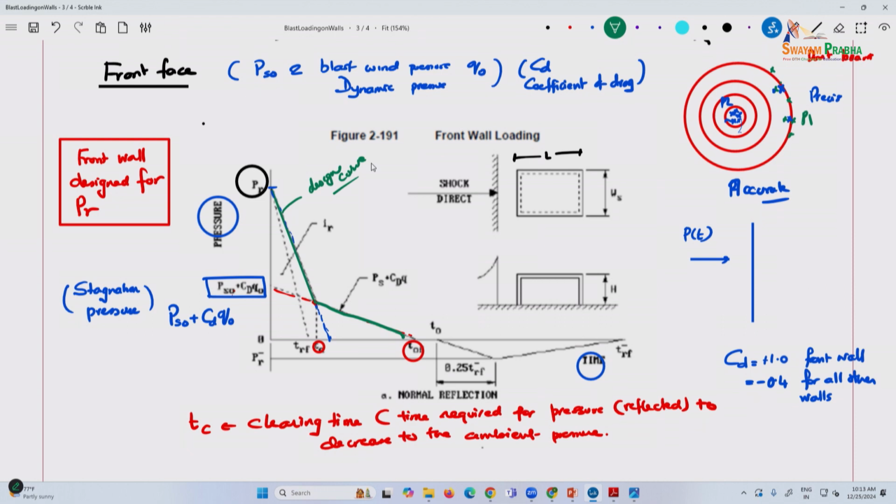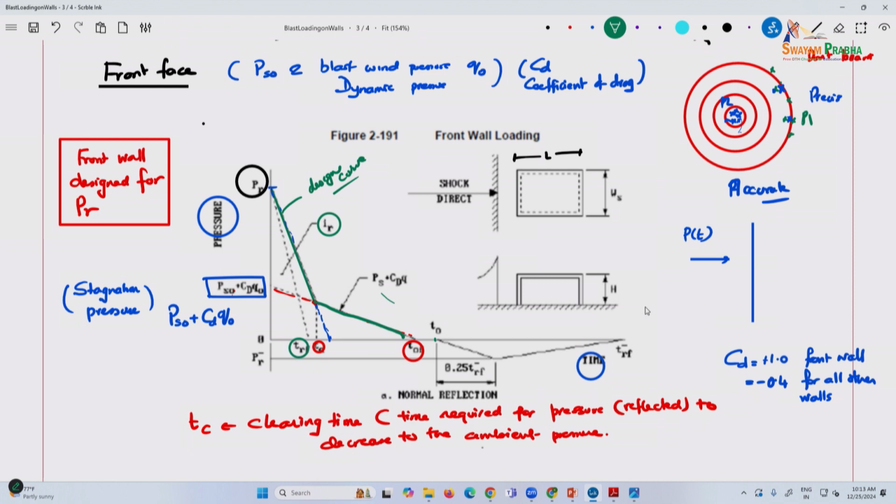We will see, this is your reflected impulse that we talked about. The TRF, here they call it TRF, is the equivalent time for the loading, and here you see the positive phase. The negative phase starts with T naught, and remember the Friedlander curve will follow and go through T naught and come up.